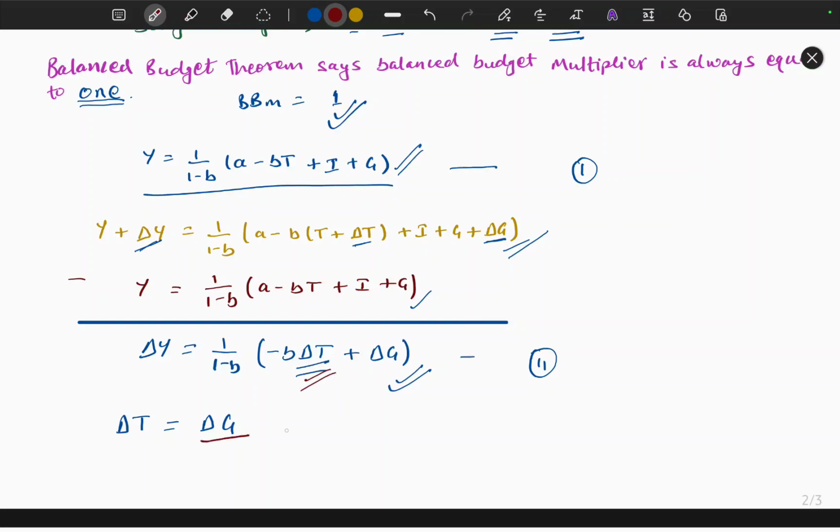What we get is delta y is equal to 1 over 1 minus b times (minus b times delta g plus delta g).